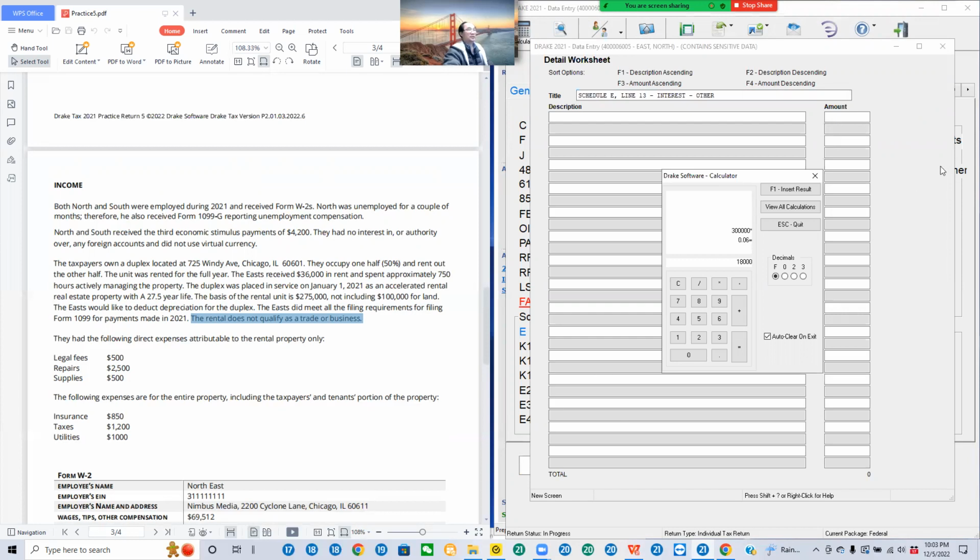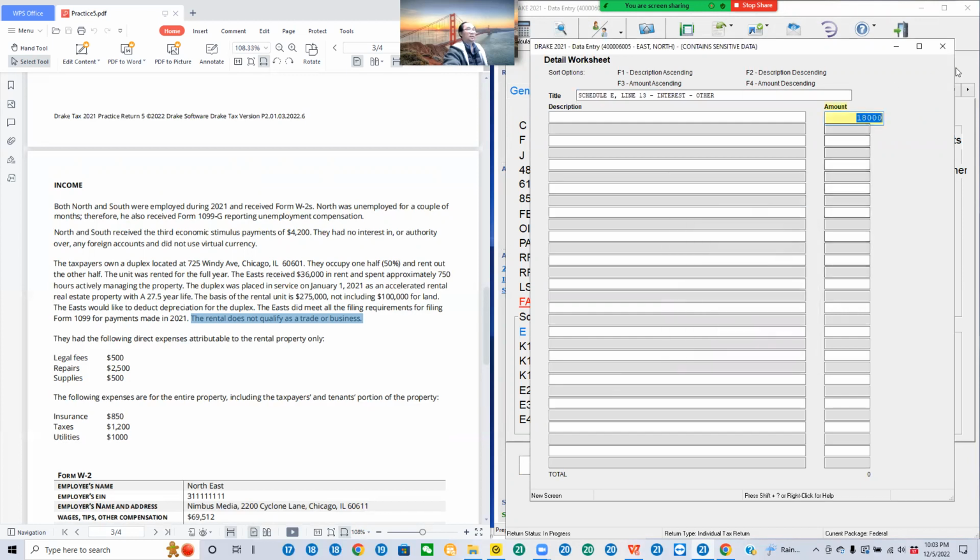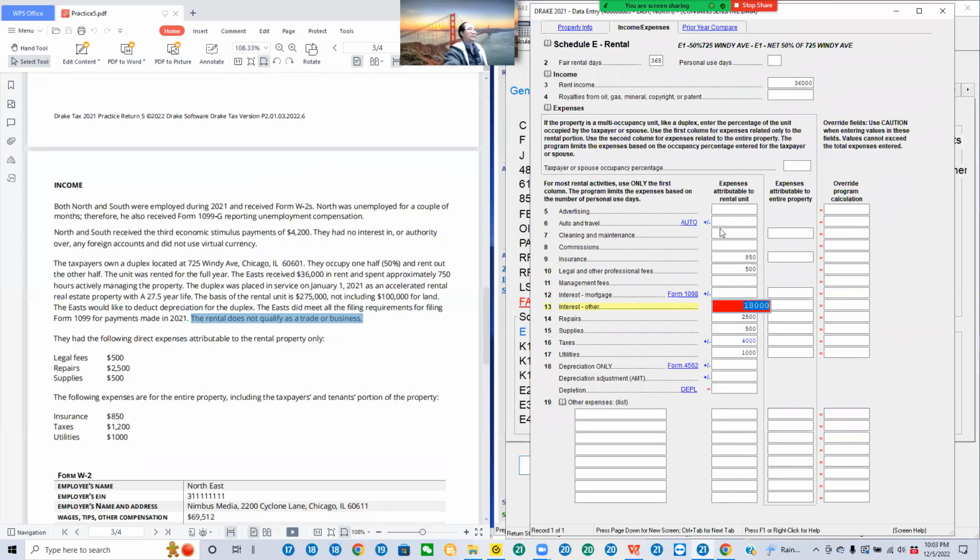So this is the mortgage interest for the rental part of it. Now, remember, their mortgage interest may have become 36,000, but only the rental portion of it, we can count. All this, we only count the rental portion of it.